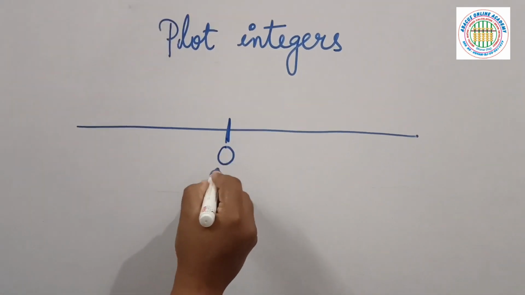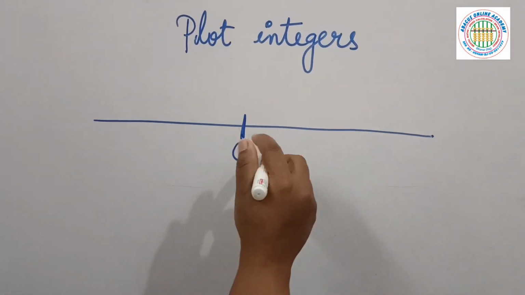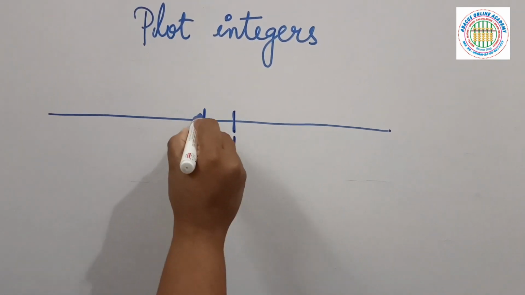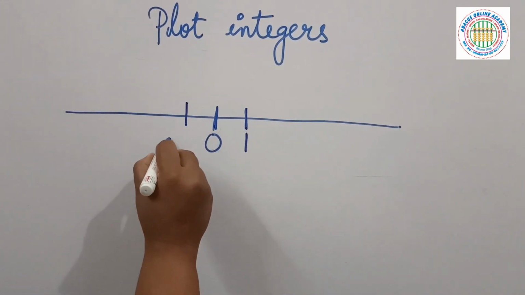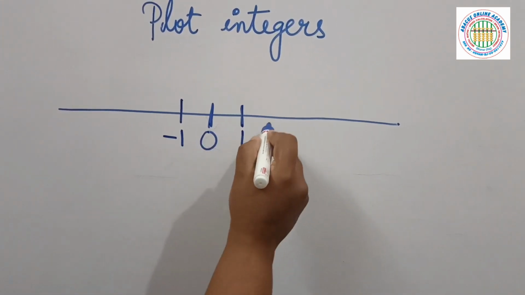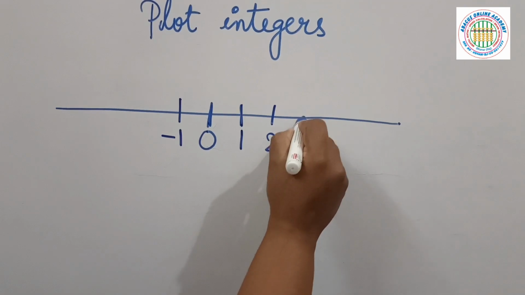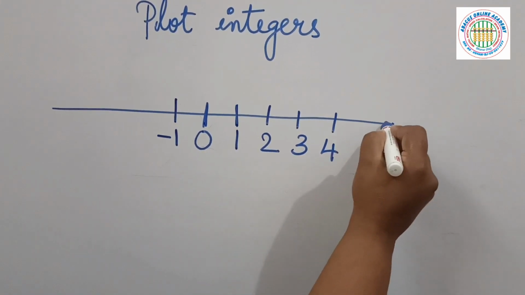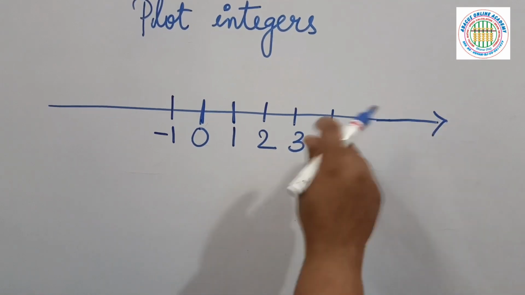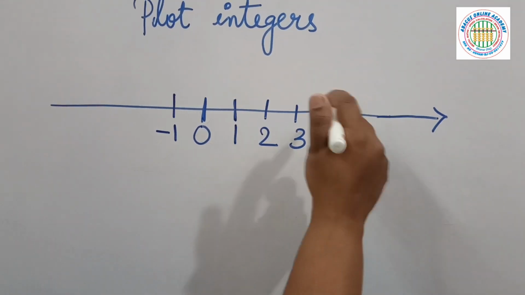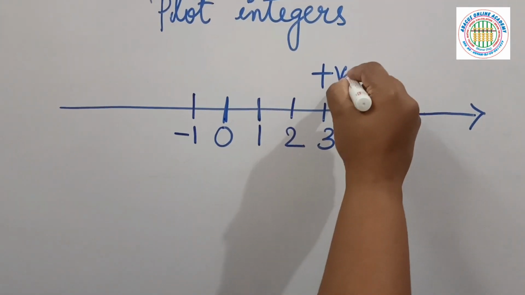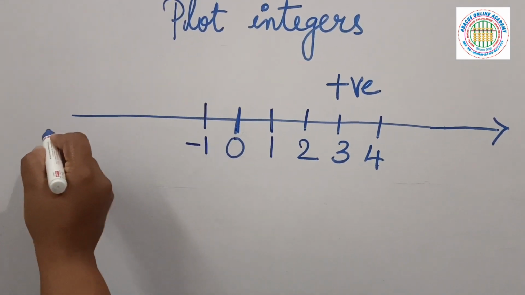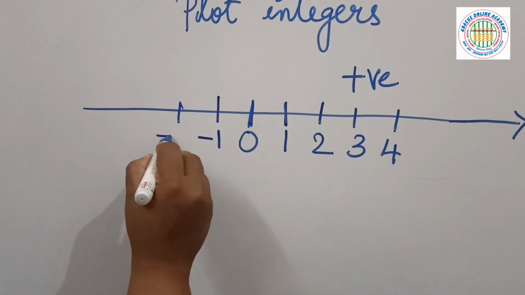This is your midpoint 0, and towards the right you have positive numbers, that is 1, and towards the left you have negative integers. It goes this way, and here you have 2, then 3, 4, keep going, and this side you have positive integers. All the numbers are positive, and from 0 towards your left, those are negative integers.